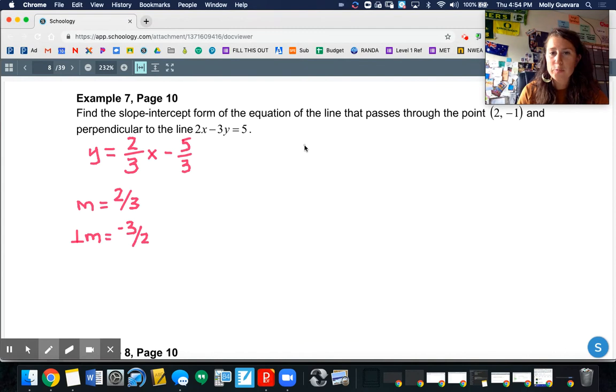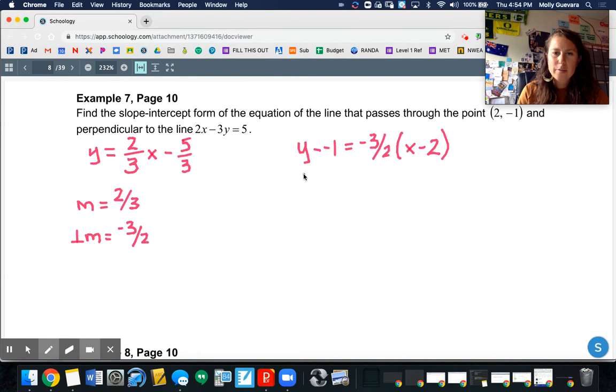Now I can use point-slope form. I'm just going to plug it in. So y minus my y1, which is -1, equals my m, which is -3/2, times x minus x1, which is 2.